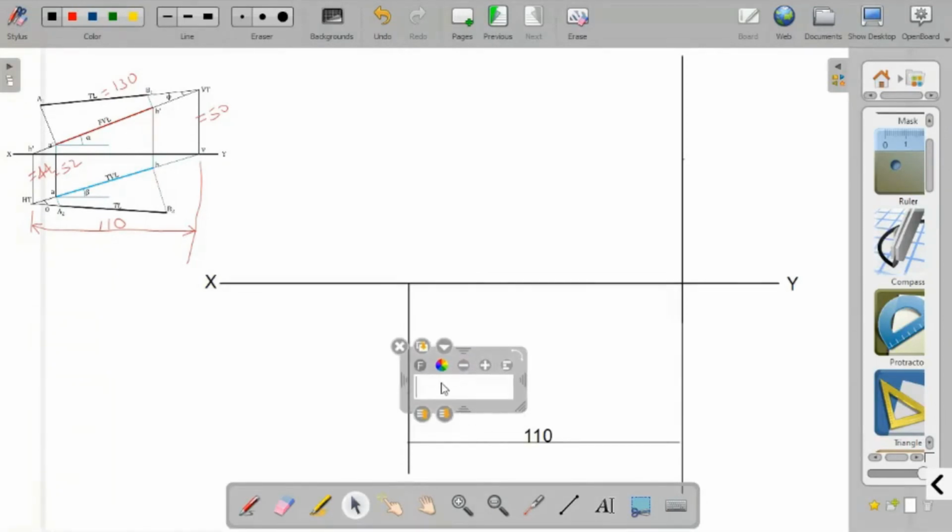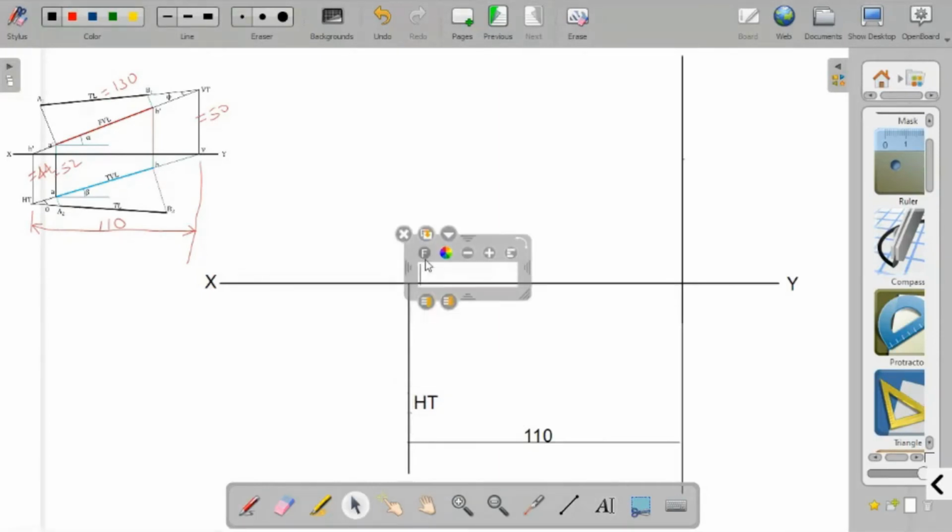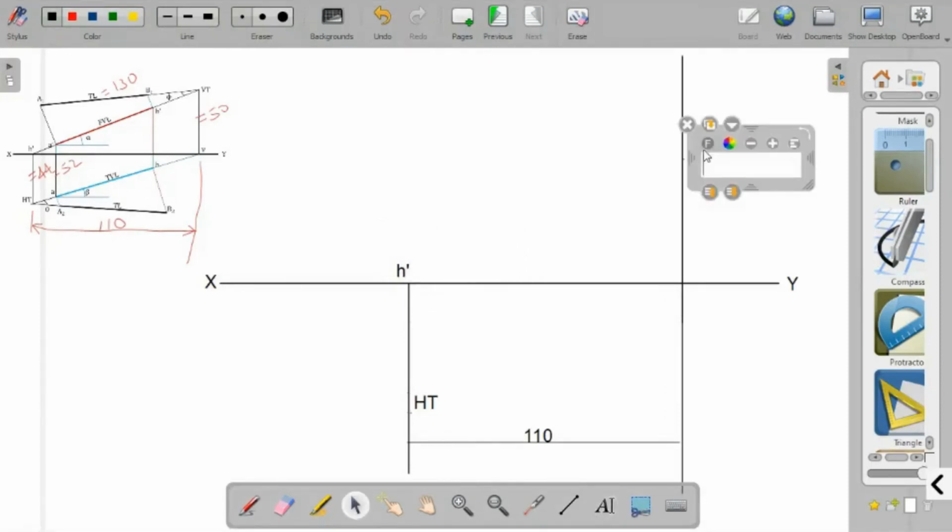Point HT, and here is point H dash. Here is point VT. This is point V.